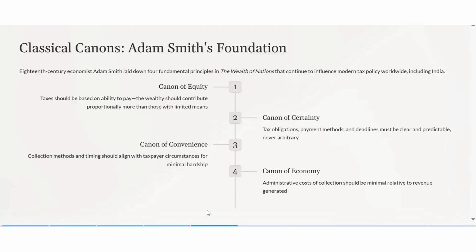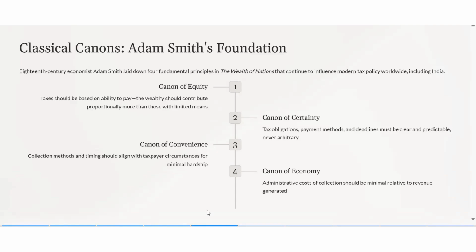So, global impact of the book Wealth of Nations, including India. India is not immune to the Wealth of Nations impact when it comes to incorporating the principles. So, first is the principle of equity.